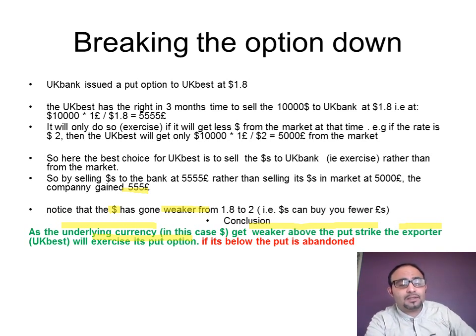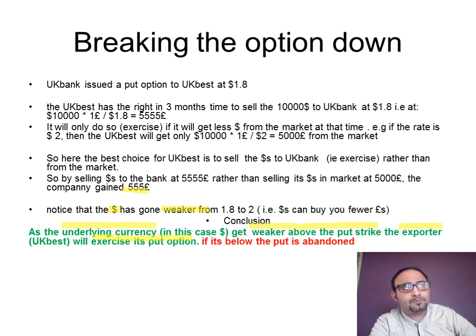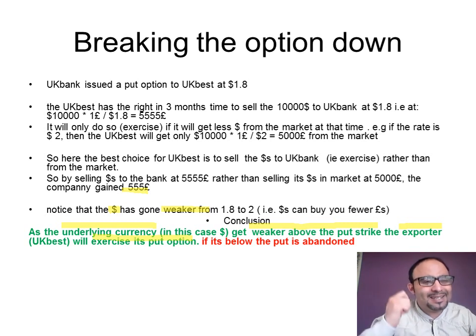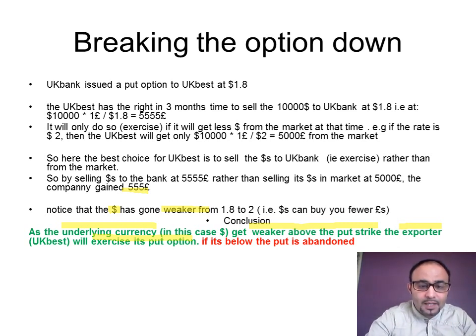Example, if the rate in the market was $2 to the pound, then UK Best will get only 5,000 from the market. So it makes sense that UK Best will exercise its option and sell the dollars to the UK Bank at 1.8, making it gain an amount of 555 compared to what it would get in the market.